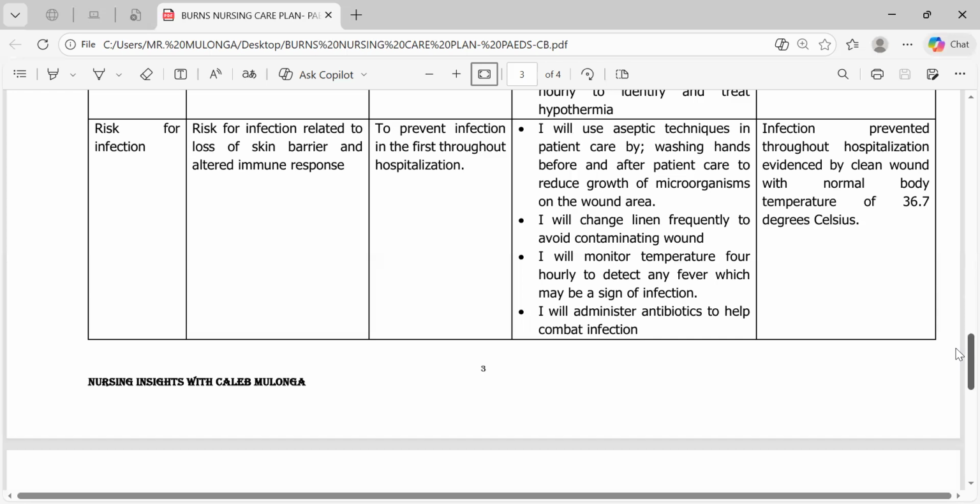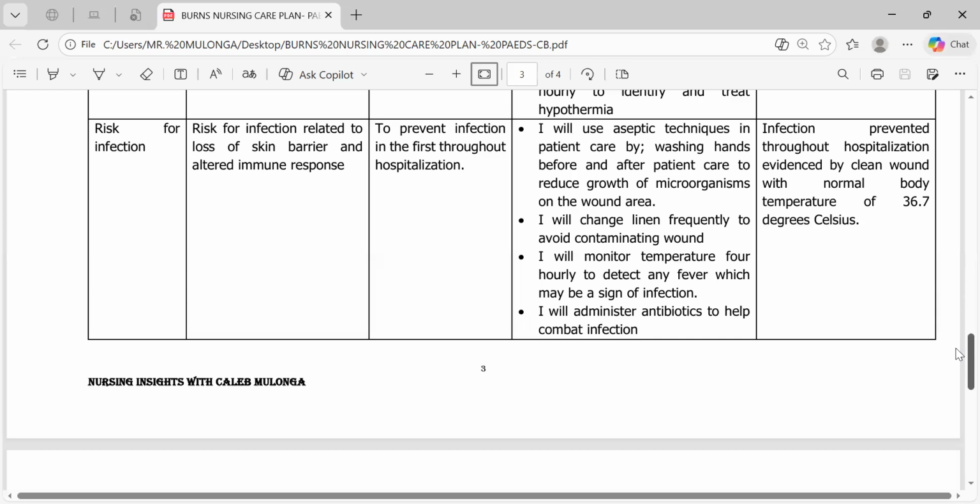The other thing that we can do is ensure that any person attending to this patient is not having any flu or any sort of infection that can be easily transmitted to the child. And by doing that, we prevent infection.